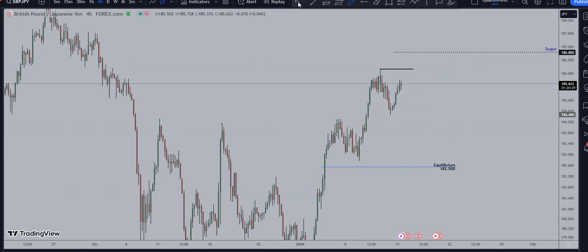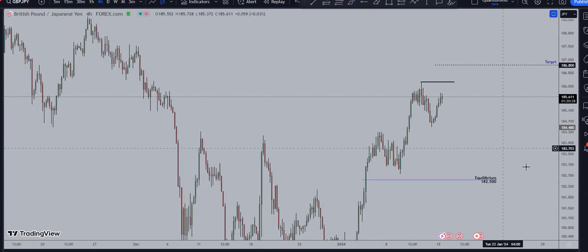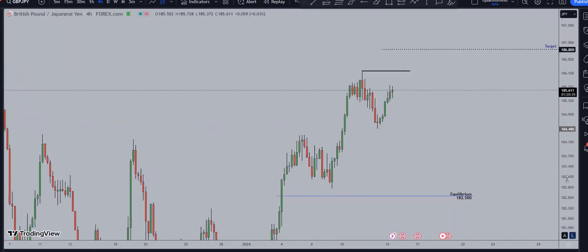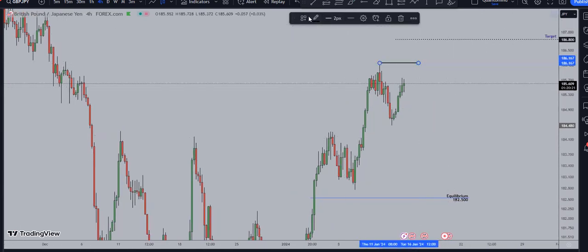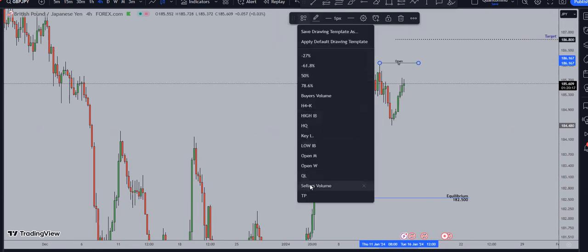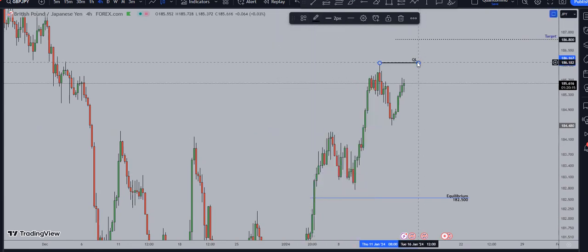So what I'm looking at here on GBP Japanese yen is to see how the market is going to react at my Q level.